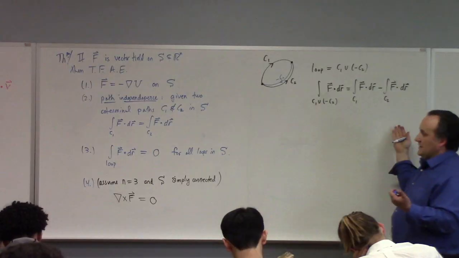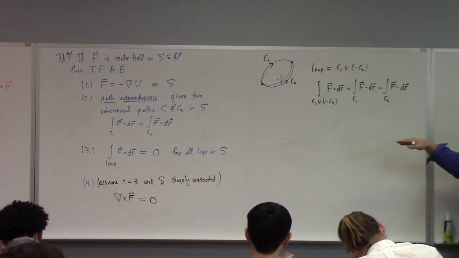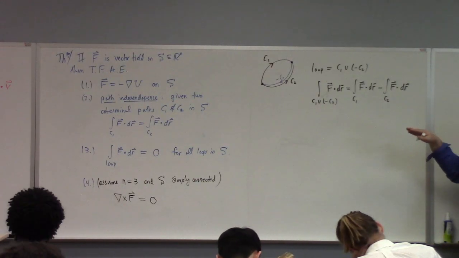So this identity basically shows you why we have an equivalence between 2 and 3, right?